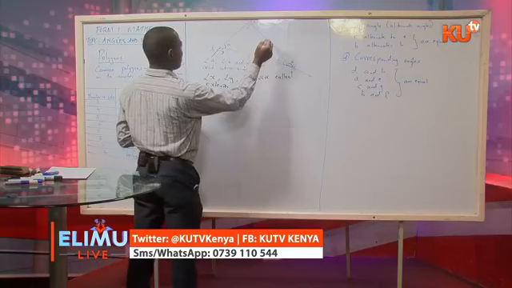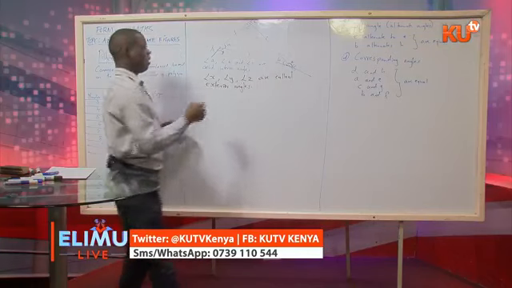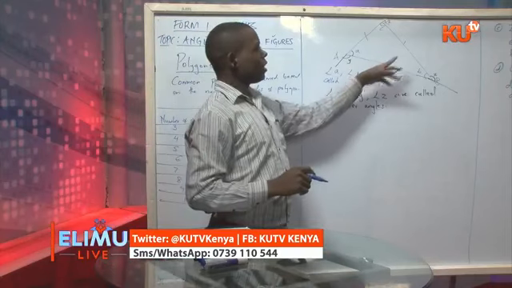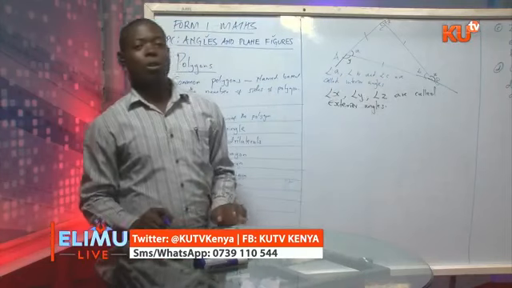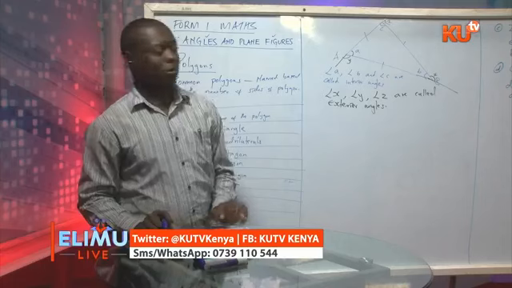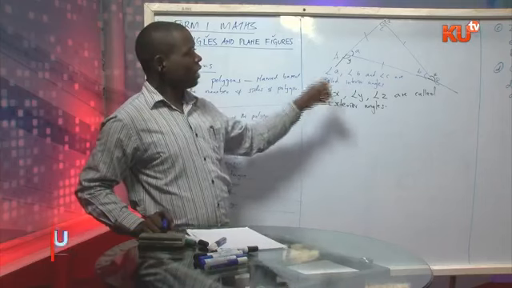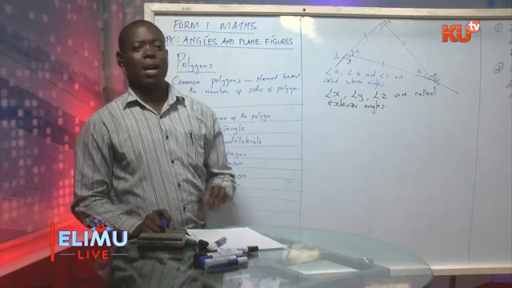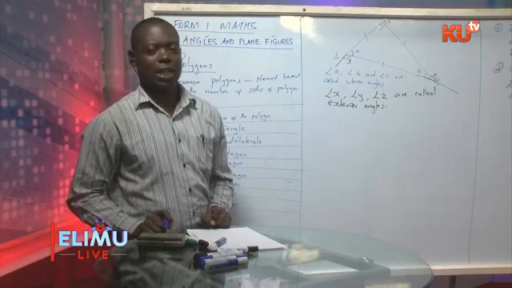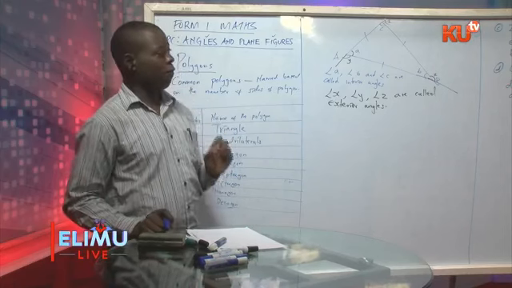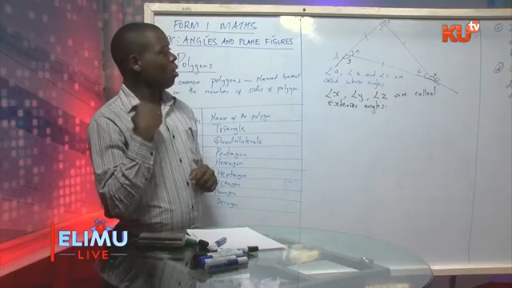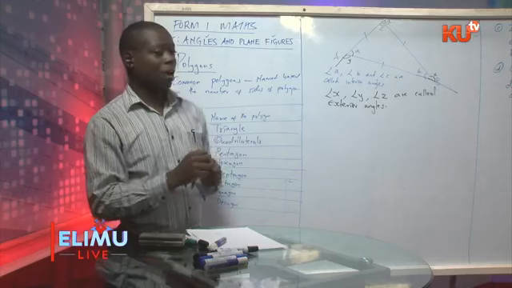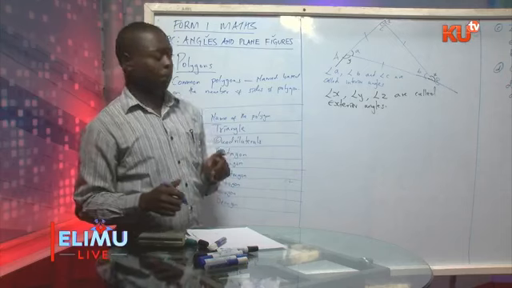It definitely tells you that these angles inside this polygon will also be equal, because a triangle that has all 3 sides equal is referred to as an equilateral triangle, and all the angles are 60 degrees. So if you find a polygon whose sides are equal, definitely the angles are going to be equal.